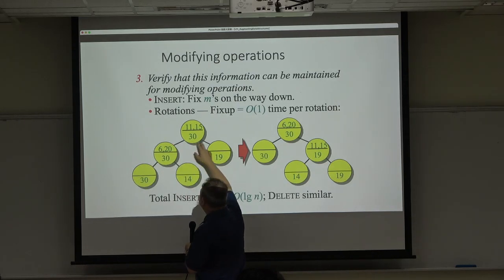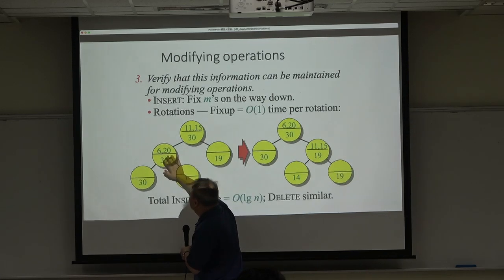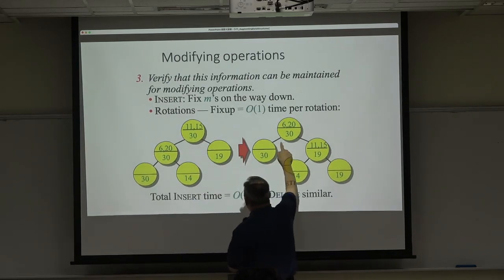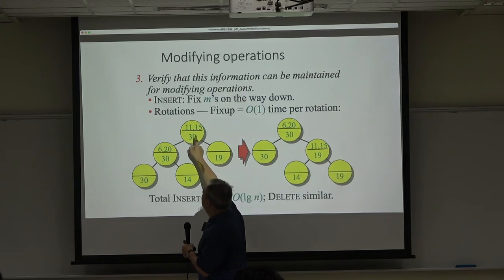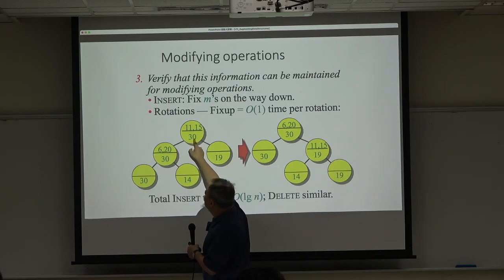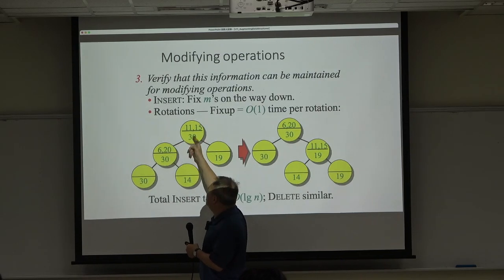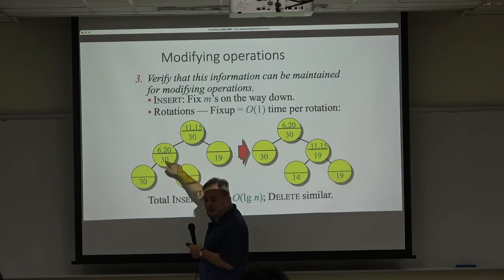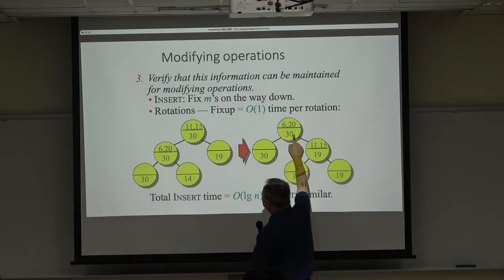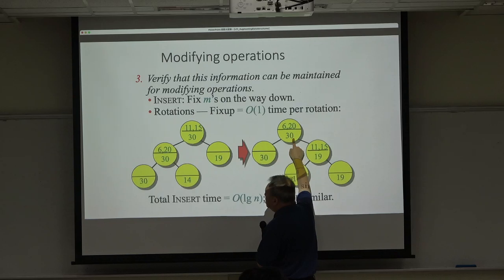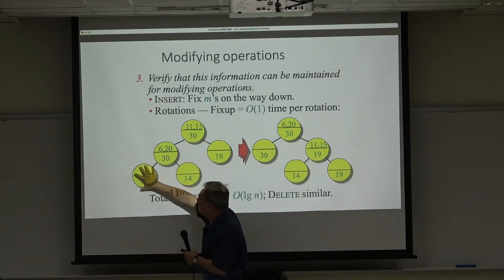When you rotate, this node becomes the root, so you copy the original value here to here. They happen to be the same, but if they are different, then you need to copy it. So this one becomes 6, 20, 30, and this part remains the same.